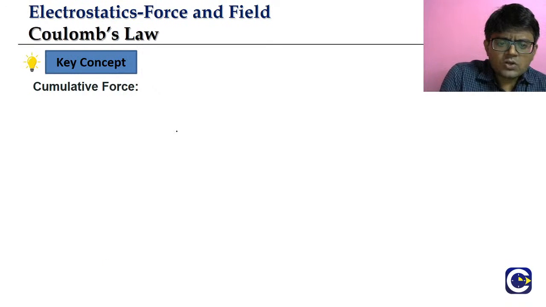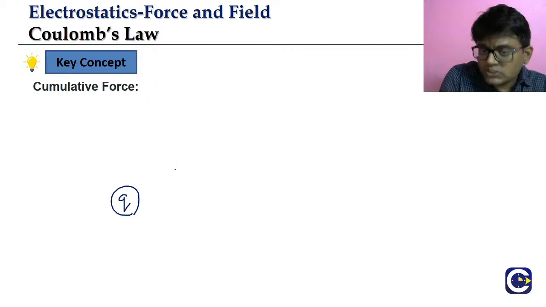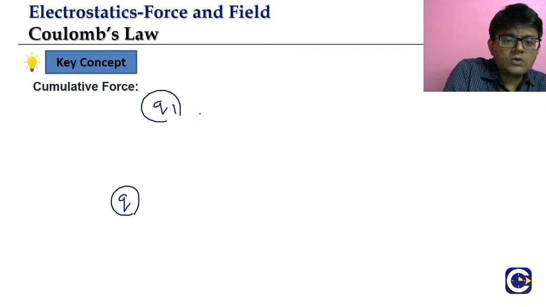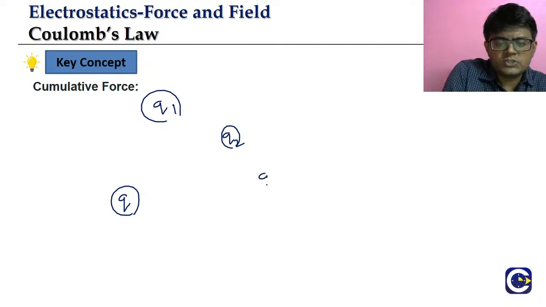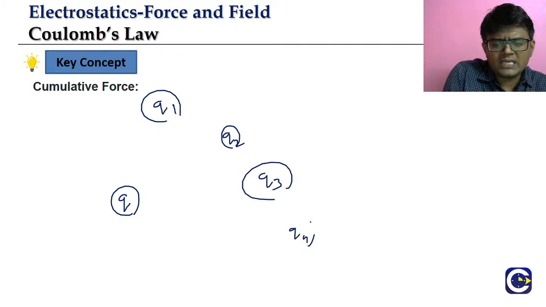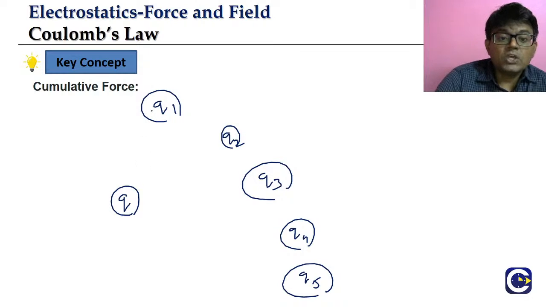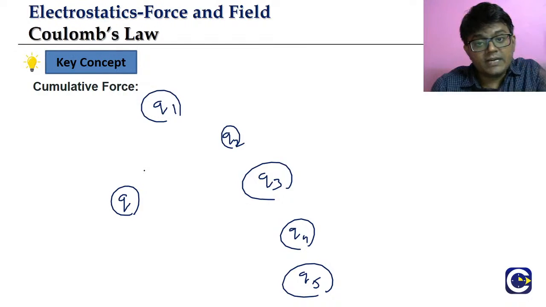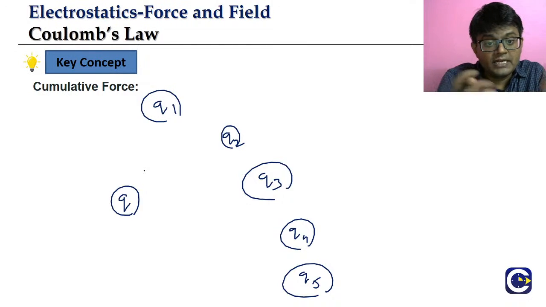In the case of electrostatics, the same thing will come. If you have a charge q, surrounded by multiple charges, we can have whatever number of charges. Here q1 will apply a force. We have already seen gravitational force and electrostatic force. There is a difference between these two.